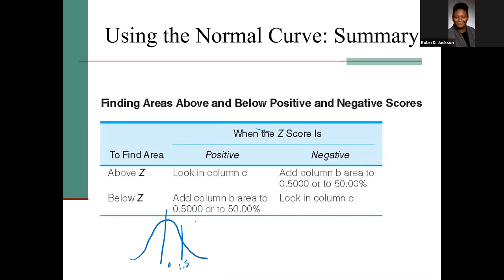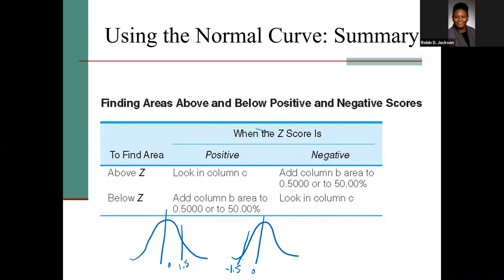Now, if I have another Z-score, and that Z-score is negative, that means it's on this side of the mean. So let's say it's negative 1.5 standard deviations.